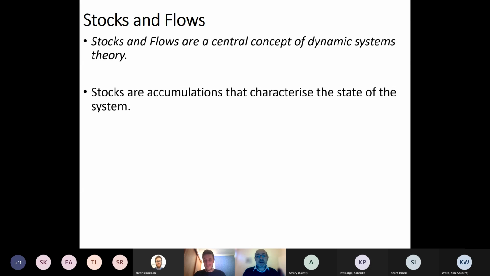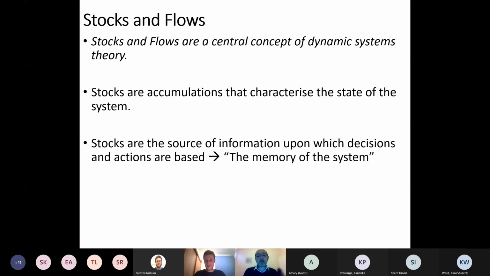So the concept of stocks is very flexible, but it's also very powerful because accumulations tend to have inertia, and they tend to be the source of the information that we see when people make decisions. If you are considering yourself as a stock of calories, you will measure your accumulation in terms of kilograms.